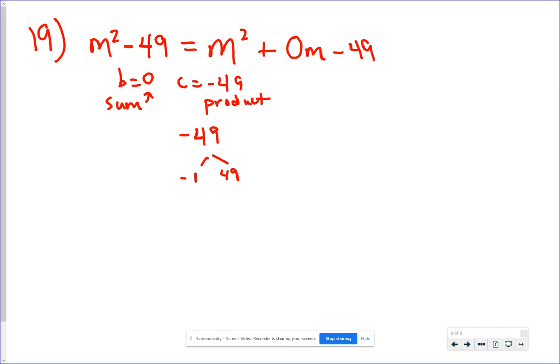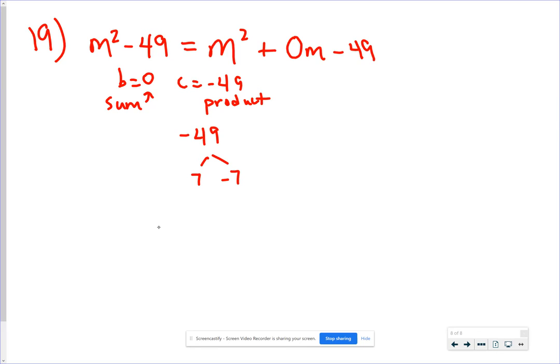There's no way those guys are going to add up to 0. The numbers have to be identical but opposite signs. That's the only way they're going to zero out. Additive inverses, which means 7 and negative 7 is our only option. And that is going to give me a sum of 0.